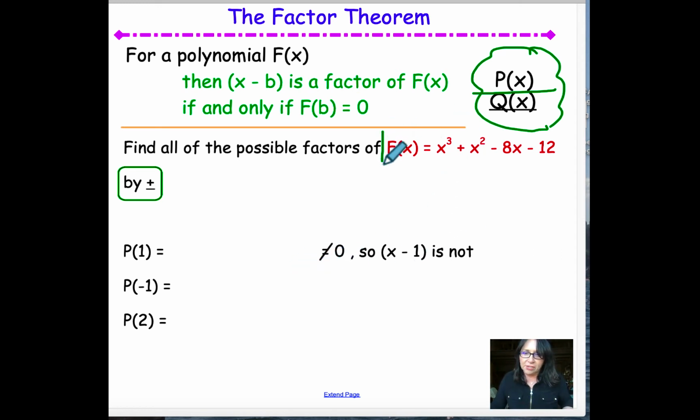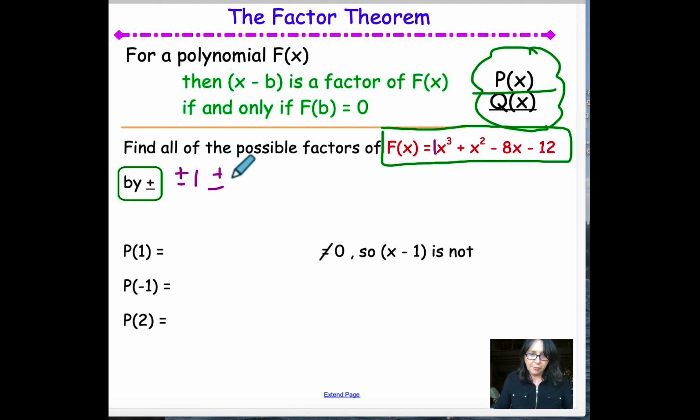So here's our equation right here. Based on that equation, I'm going to plug in all the values. For my rational root theorem, we're going to plug in all the values of 12, and remember 1. So it's just going to be plus or minus 1, plus or minus 2, 3, 4, 6, and 12.